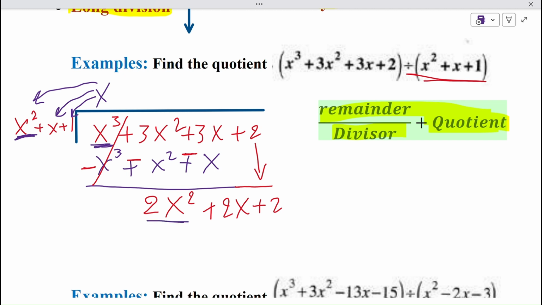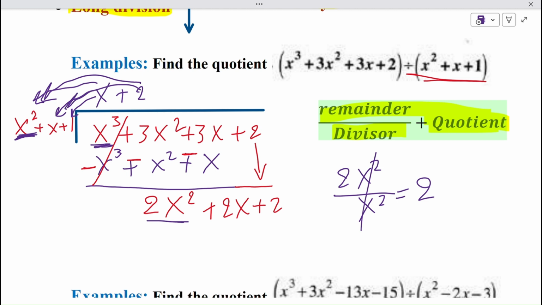Again, divide the first term by the first term of this one. If you divide 2x to power 2 by x to power 2, we'll get just 2. Okay, so write plus 2 here. Again, multiply this 2 by all the terms.